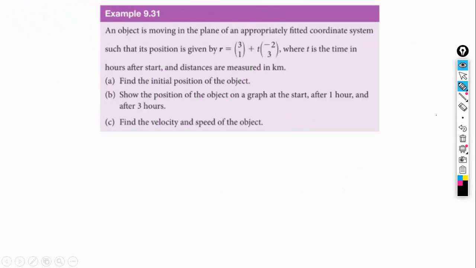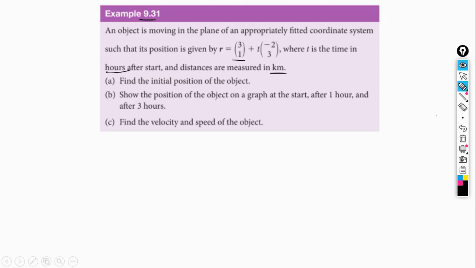So next we have example 9.31, and it says an object is moving in a plane of an appropriately fitted coordinate system such that its position is given by r is equal to 3, 1, that's the initial position vector, plus t times minus 2, 3, where t is the time in hours after start and distances are measured in kilometers.